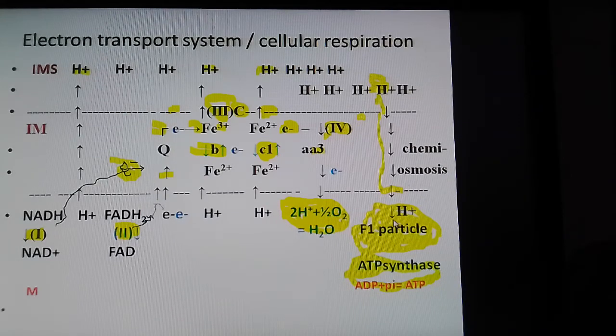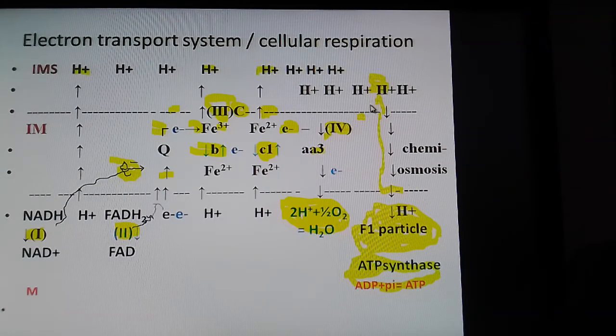And the process of the migration of the hydrogen protons from the intermembrane space towards the matrix due to such an osmotic gradient is called chemiosmosis, which will be stimulating the ATP synthase available with the F1 particle and helping the conversion of ADP and inorganic phosphate into ATP.